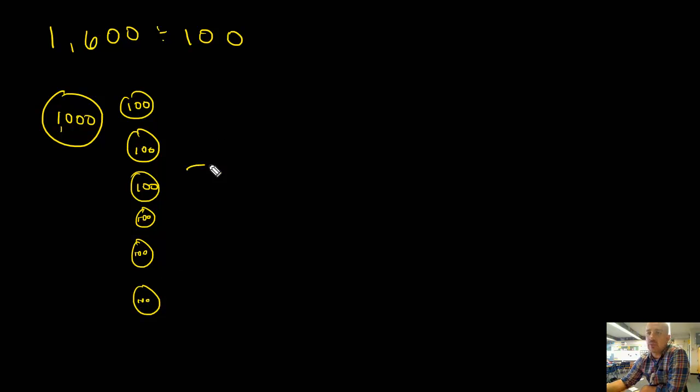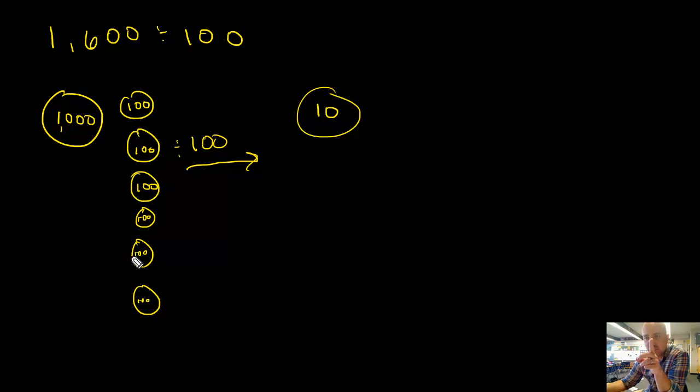Awesome. And I'm going to divide by 100. Now, if I take my 1,000 and divide it by 100, how many hundreds does it take to get to 1,000? 100, 200, 300, 400, 500, 600, 700, 800, 900, 1,000. That takes me 10. So 1,000 divided by 100 is one group of 10. 100 divided by 100 is a 1.